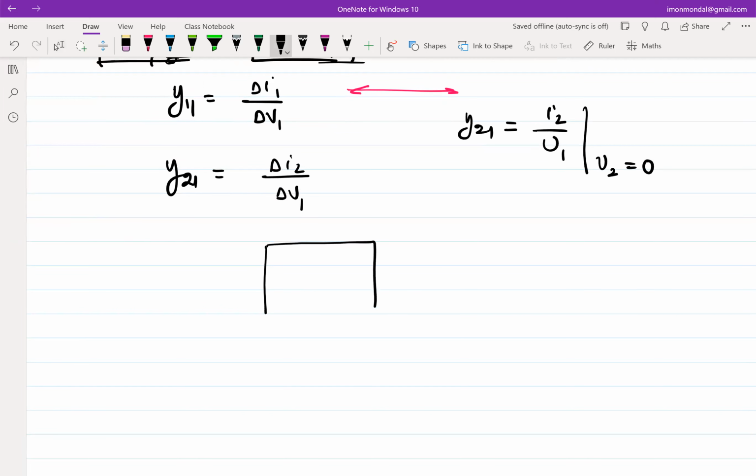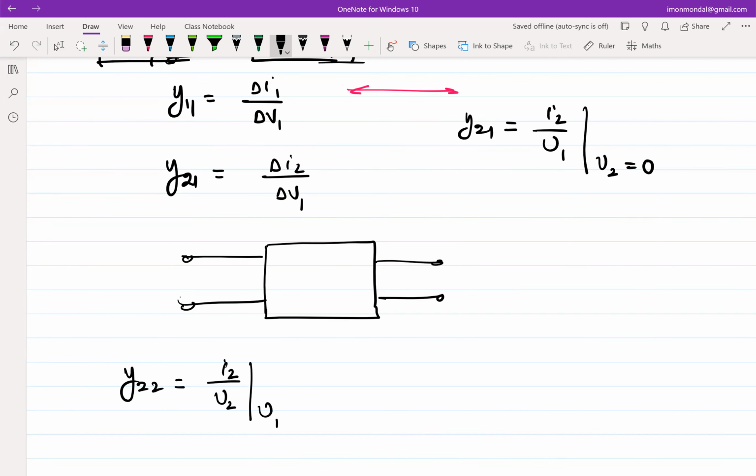Now this should be pretty straightforward. So I want Y22. What is Y22 by definition? It is I2 over V2 when incremental V1 is 0.